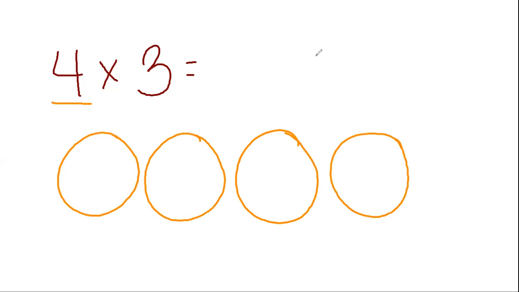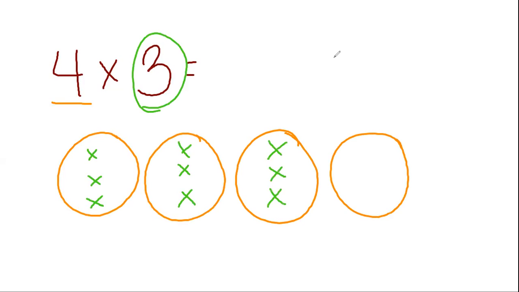My second factor is 3. So I'm going to put 3 counters in each group. Let's solve. I count all the stars in my groups. Altogether, I have 12. So 4 times 3 equals 12.